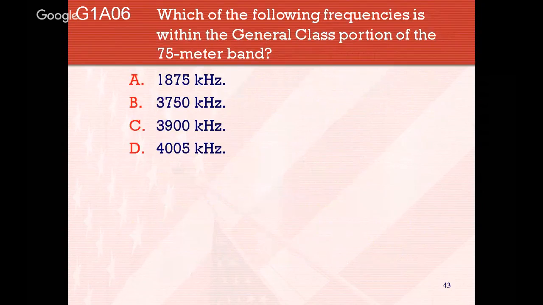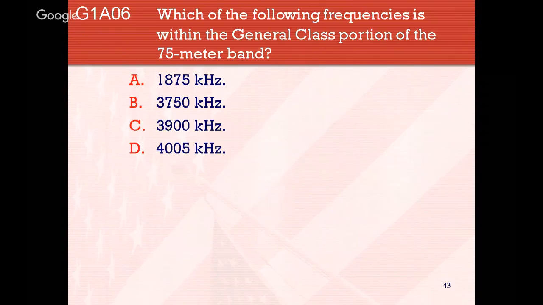Which of the following frequencies is within the general class portion of the 75-meter band? Remember, 75 meters is that voice portion of what we call really generically the 80-meter band, and it runs from 3,500 kilohertz to 4,000 kilohertz.